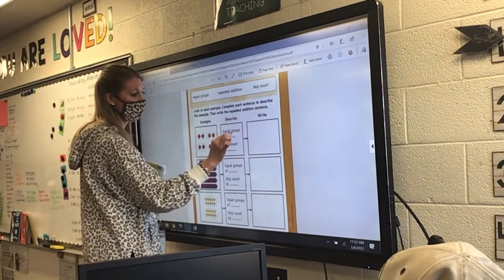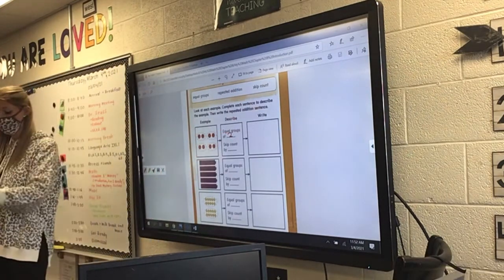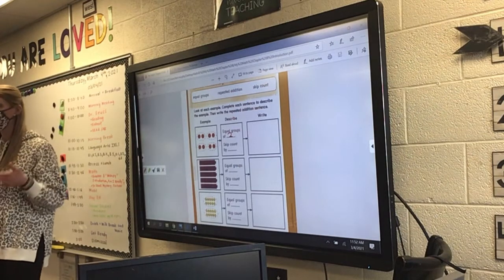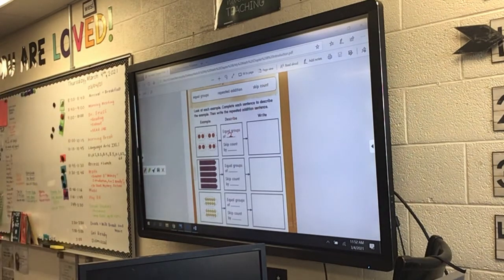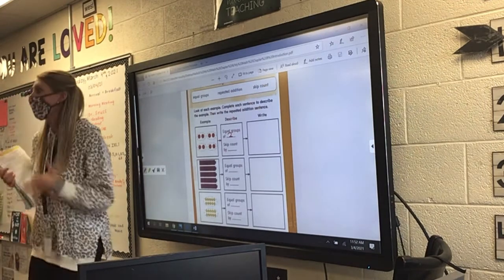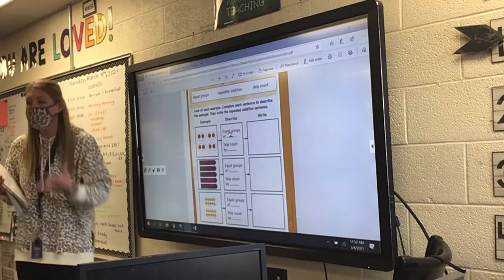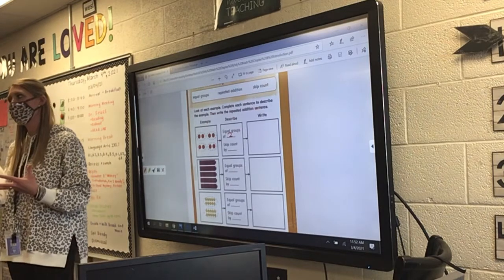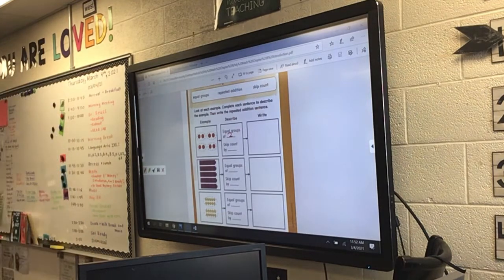Now, if we wanted to skip count, because we're going to have to be skip counting a lot with money. Like if we have dimes, we're going to have to skip count by tens. If we have nickels, we're going to have to skip count by 5s. We really won't have to skip count by 2s because there's no coin that's worth 2, is there? But there is dollars.